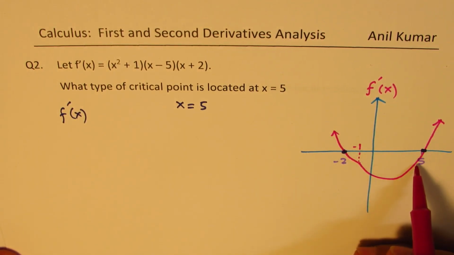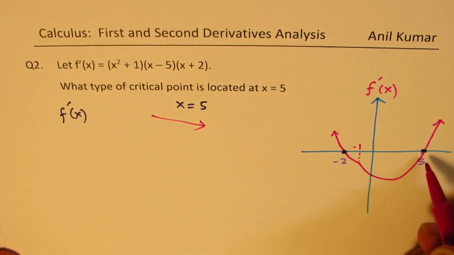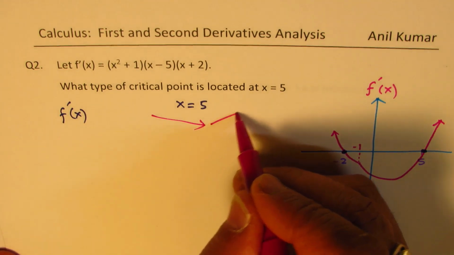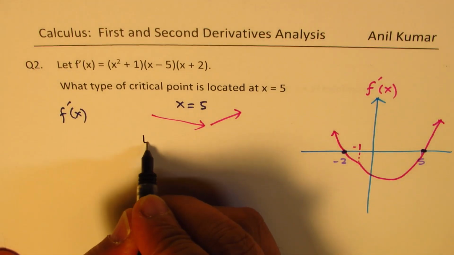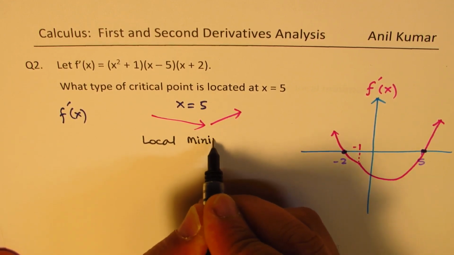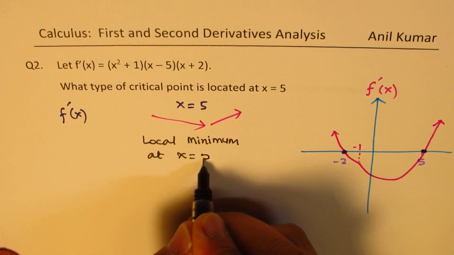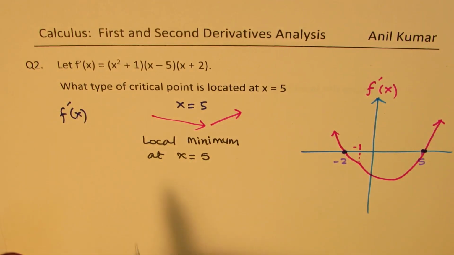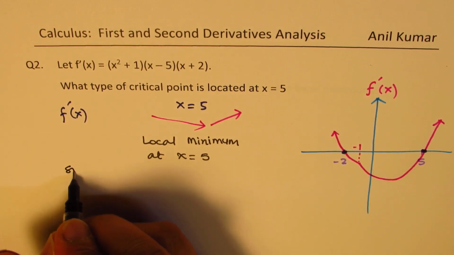Before x equals 5, it is negative, right? So it is negative, and after 5, the derivative is positive. So clearly, we have a local minimum at x equals 5. Do you understand? Since the derivative changes from negative to positive.